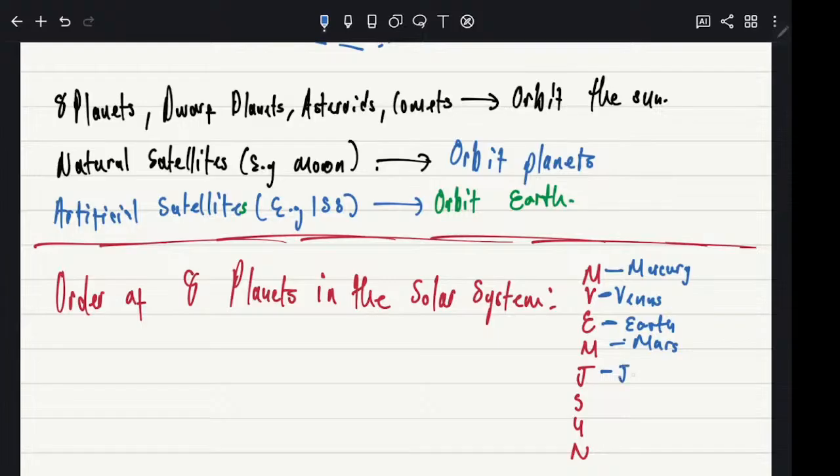This is Jupiter. This is Saturn. This is Uranus.